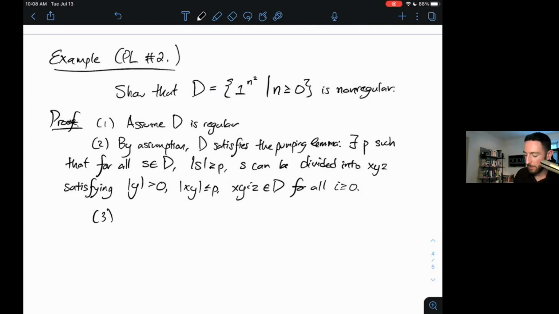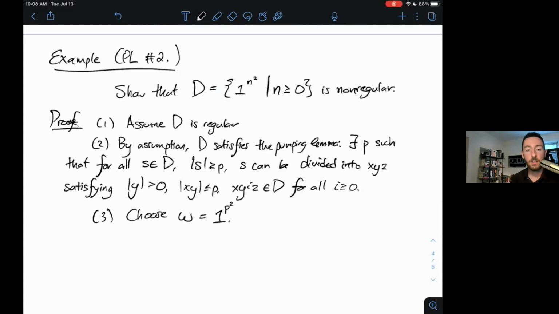So I would say the most reasonable choice, probably the choice you would try first if you were experimenting, is this string. Let's choose the string w equals 1 to the p squared. p squared is definitely bigger than p, so this satisfies the condition that w has length at least p. What we'd like to show is that when we pump this string, we get a string that's not in the language.